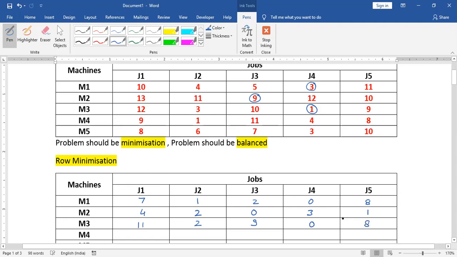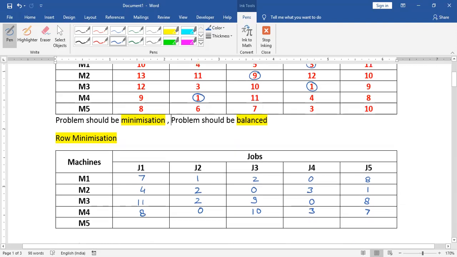Now we will find the minimum value of the fourth row, that is 1. So it is 8, 0, 10, 3, and 7. If we talk about the last row, that means the fifth row, the minimum value is 3.